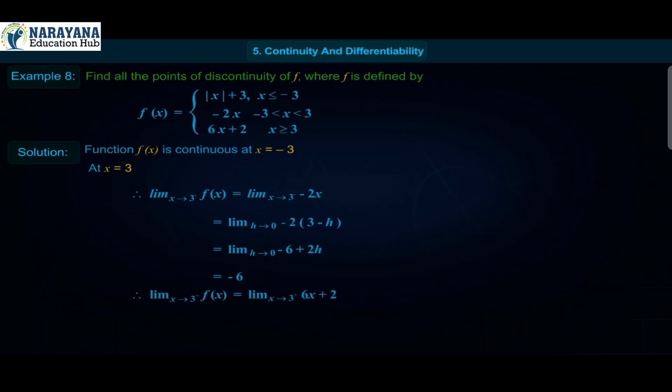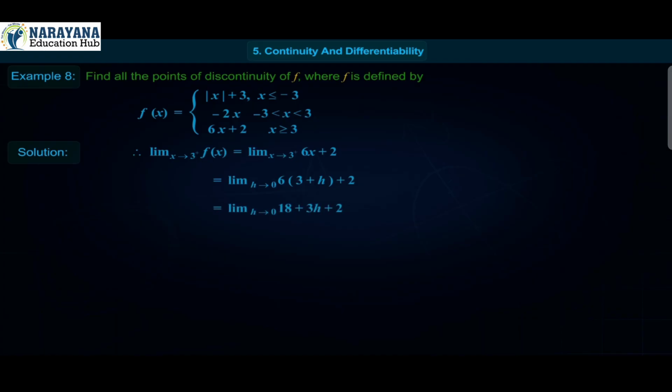Limit x tends to 3 plus f(x) is equal to limit x tends to 3 plus of 6x + 2, which is limit h tends to 0 of 6 times (3 + h) + 2, which is limit h tends to 0 of 18 + 6h + 2, which is 20. Therefore, limit x tends to 3 minus f(x) is not equal to limit x tends to 3 plus f(x). The function f(x) is discontinuous at x = 3.